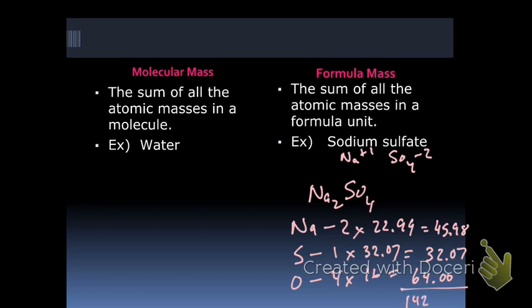The formula mass for sodium sulfate is 142.05 AMU. So one formula unit of sodium sulfate is 142.05 AMU.